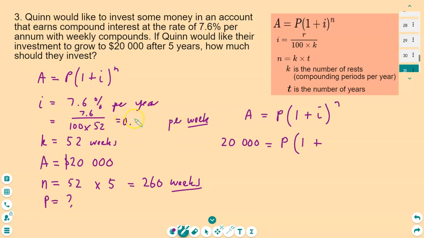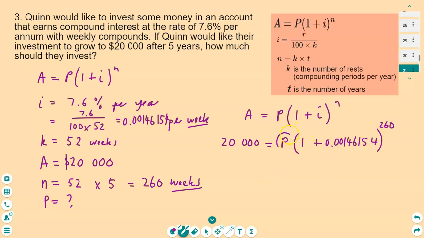Now keep it to lots of significant figures: 0.00146154. I do it to a lot, and then I round at the end, because I'm paranoid. That's fine. 0.00146154 to the power of 260 weeks.